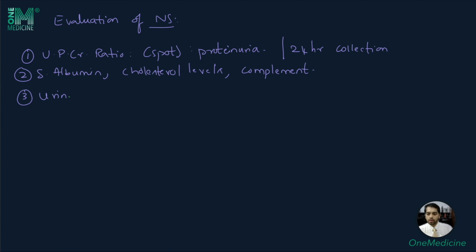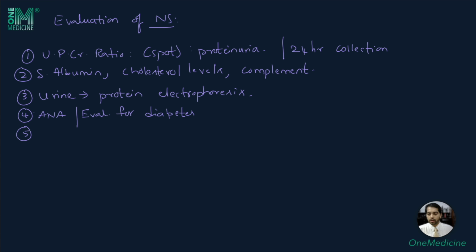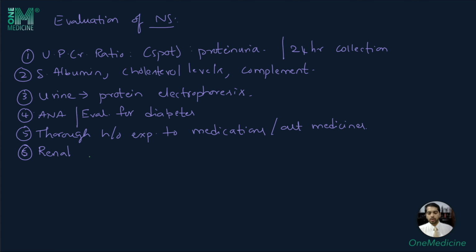Urine can be subjected to protein electrophoresis, anti-nuclear antibodies, even evaluation for diabetes, a thorough history of exposure to medications, including alternative medicines, and if needed, patient needs to undergo renal biopsy to get to a pathologic diagnosis.